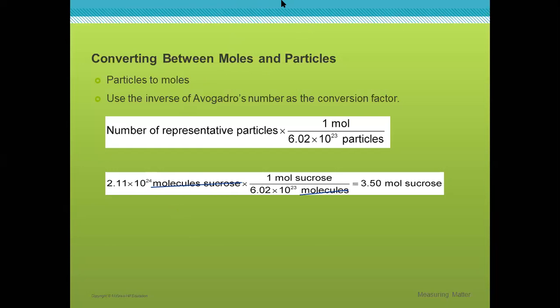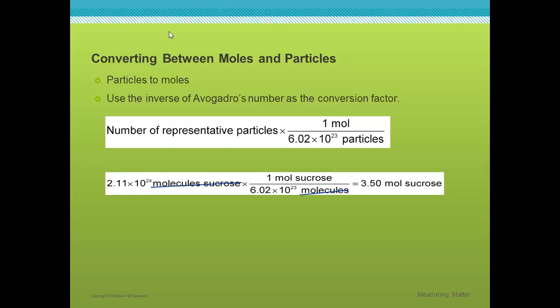We times the number of the representative particles. Yeah, not times, divided. Number of moles equals number of molecules divided by Avogadro's number. Yes. Okay.